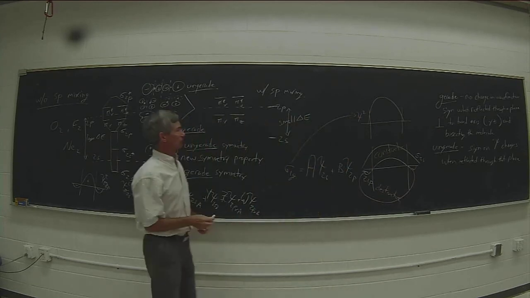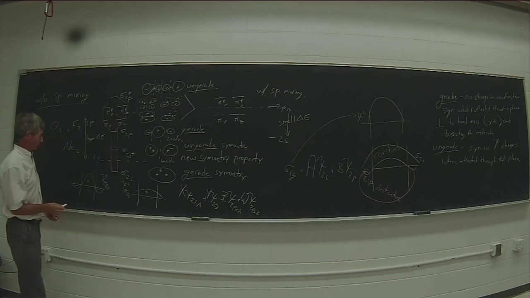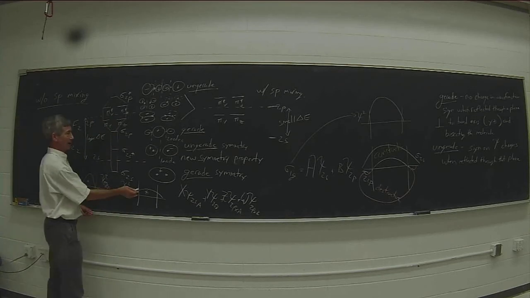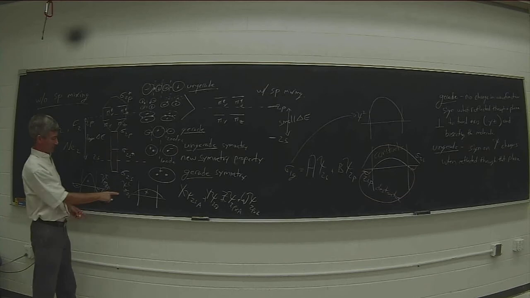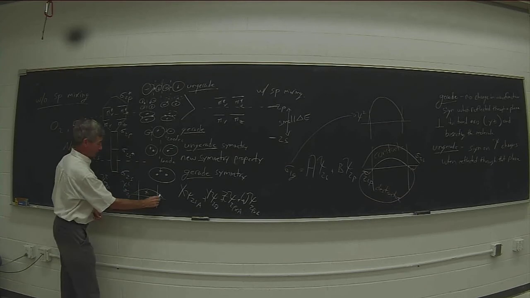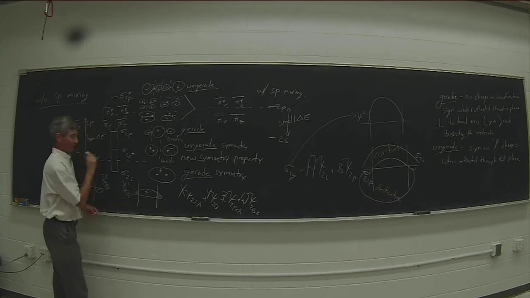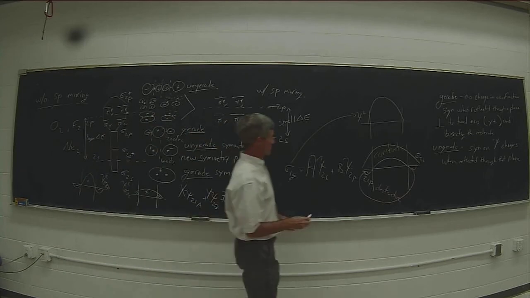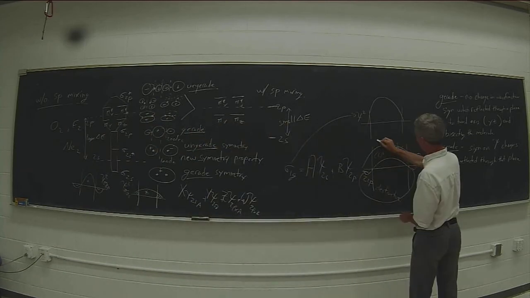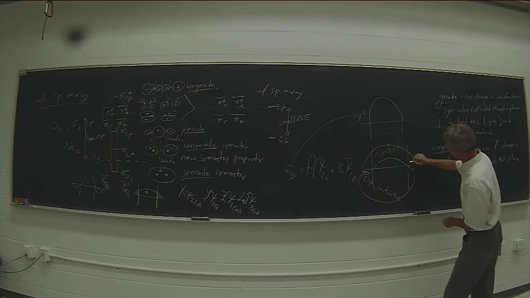So sigma 1g, it's going to have essentially the same symmetry that sigma 2s had, but its shape is going to be different. Much less electron density out here, and more electron density in the center. Because I'm adding this, I'm going to get a bigger lobe in the middle, it's subtracting some of this electron density away.